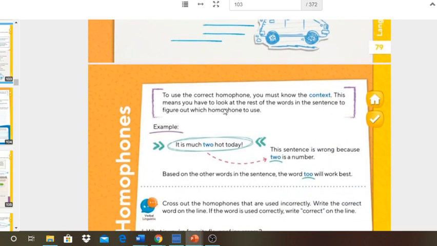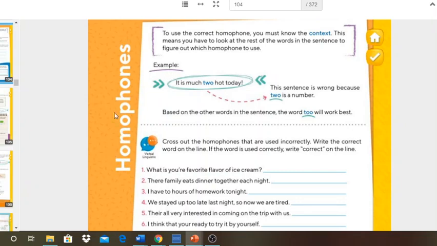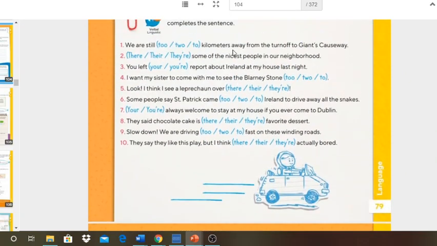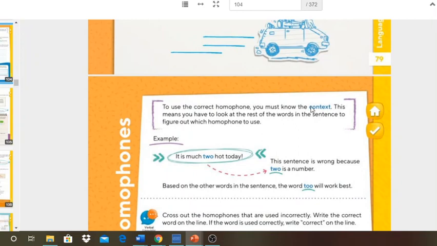Then let's jump to page number 80. It says here we're going to continue with homophones. Let me read. To use the correct homophones, you must know the context. This is the clue, esta es la clave, conocer el contexto para saber si voy a utilizar tú. Entonces, we are still 2 kilometers, entonces 2 kilómetros, right? You need to read the context, hay que leer el contexto.